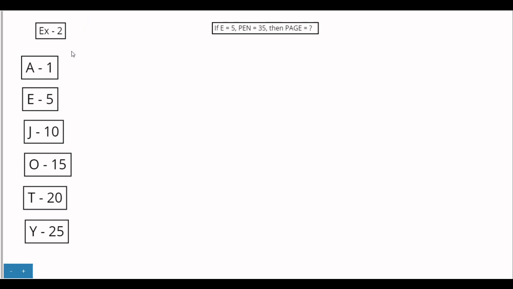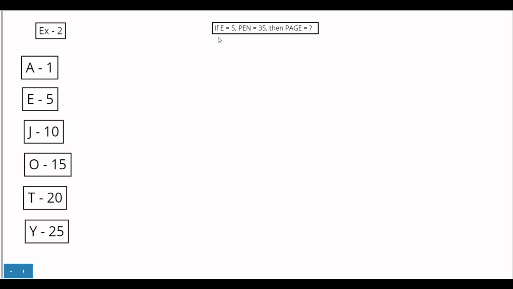Now in the second example, the question is if E is equal to 5 and pen is equal to 35, then page is equal to what? In these types of questions, when the whole word is not a code and just a number, it comes as all three letters have to be added to get that number.